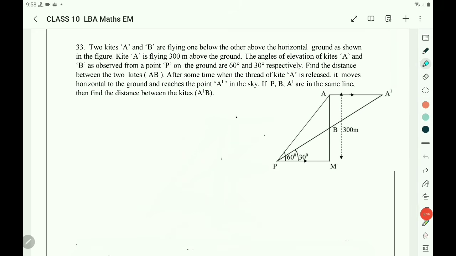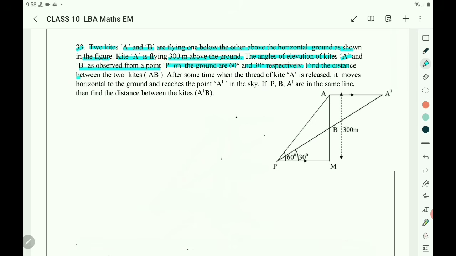Question number 33. Two kites A and B are flying one below the other above the horizontal ground as shown in the figure. Kite A is flying 300 meter above the ground. The angle of elevation of kites A and B as observed from point P on the ground are 60 degree and 30 degree respectively.